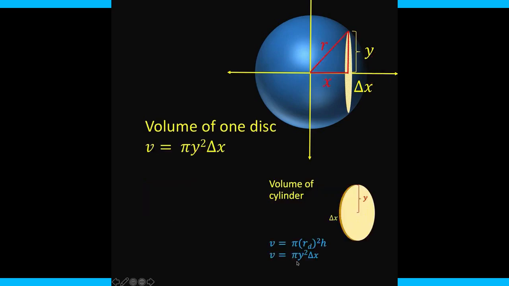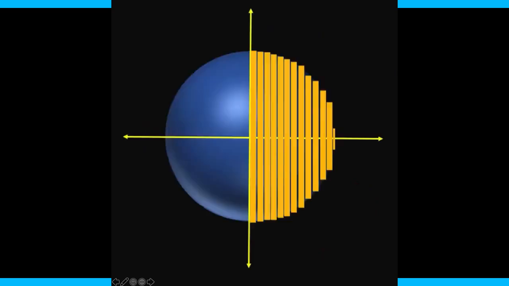A while ago, we already said that the volume of this disc is V equals pi y squared delta x. So knowing that the volume of the disc is pi y squared delta x, then to find out the volume of this entire sphere, what we need to do is slice this sphere into an infinite number of discs like this and sum up all the volume of those thin discs.